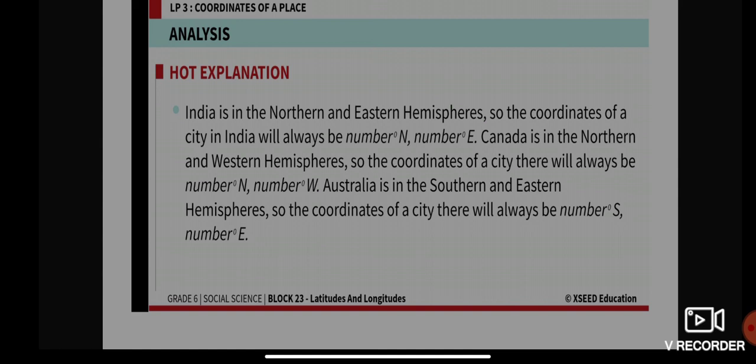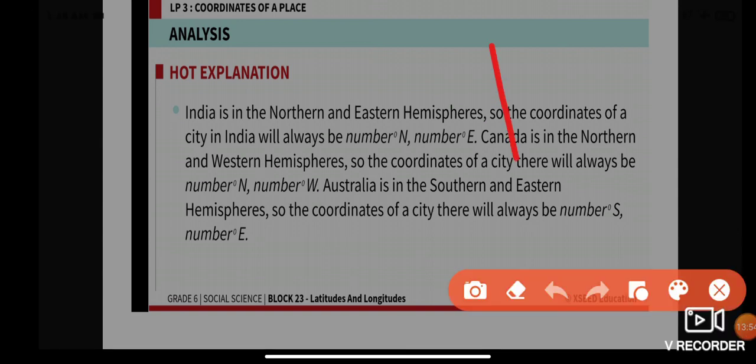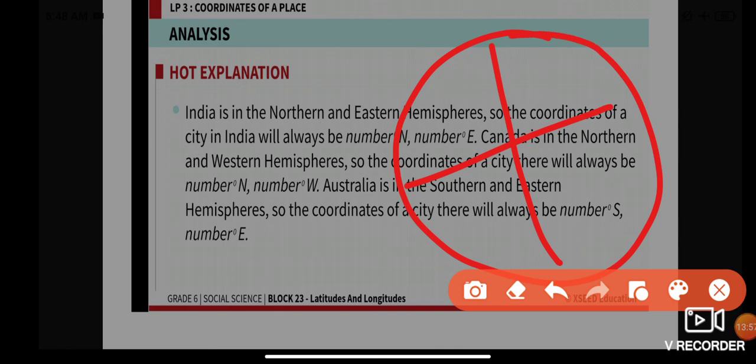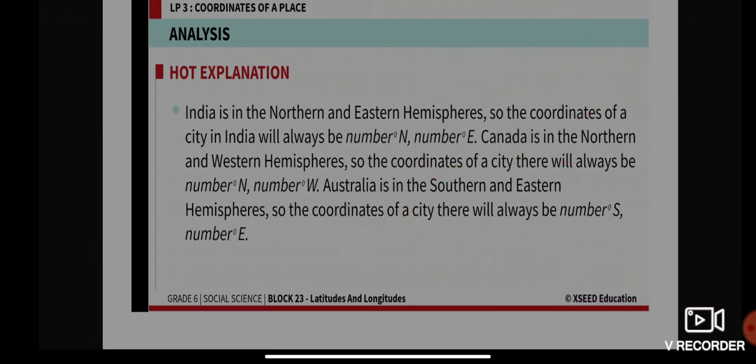And Canada is in the northern and western hemisphere. Since India is located in this direction, Canada is located to the north and west, this side. So the coordinates of cities there will always be numbered as north and west.